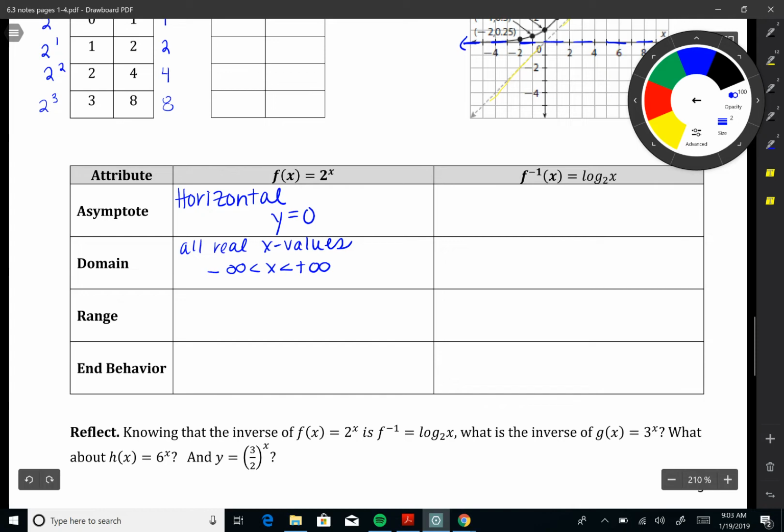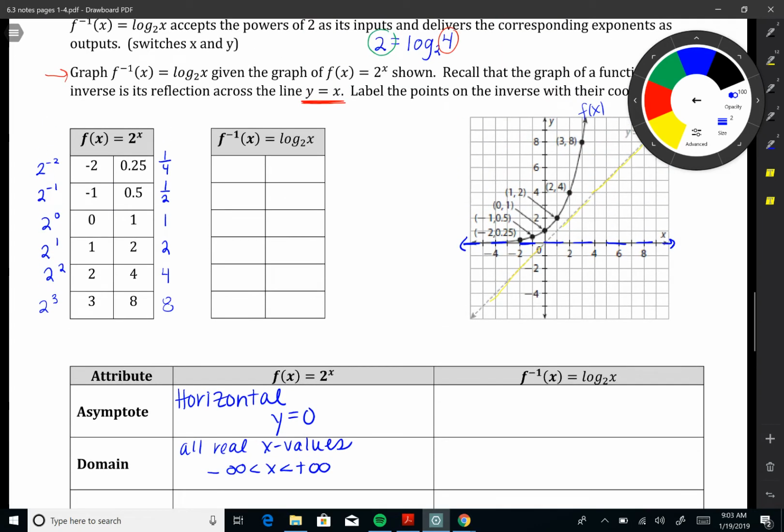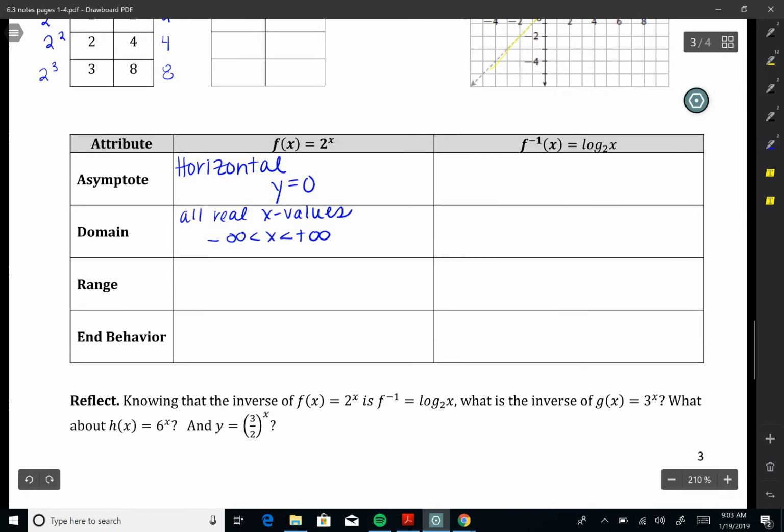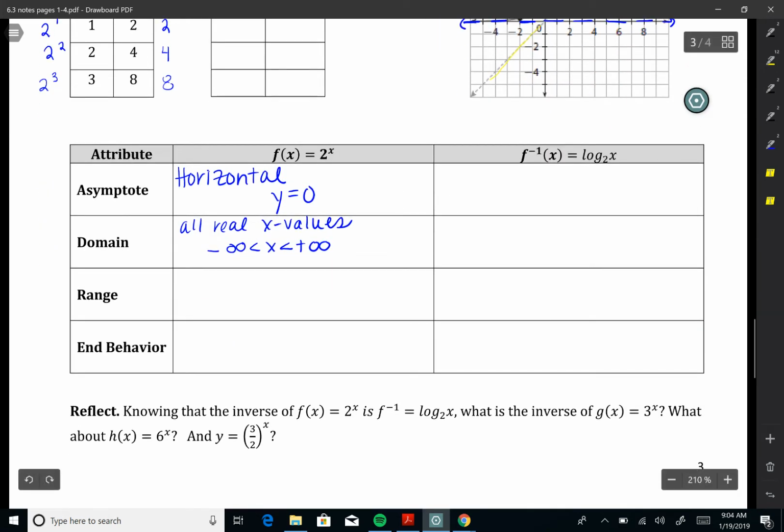The range is directly related to our asymptote. Since our graph is entirely above that asymptote at y equals 0, it's all y values greater than 0, and we just wrote y is greater than 0.